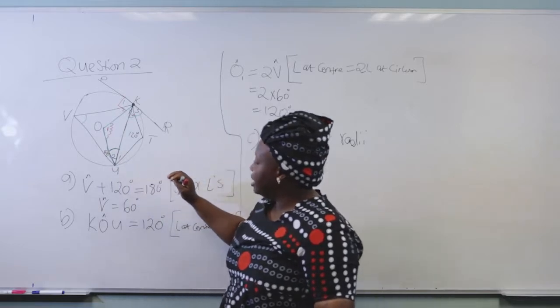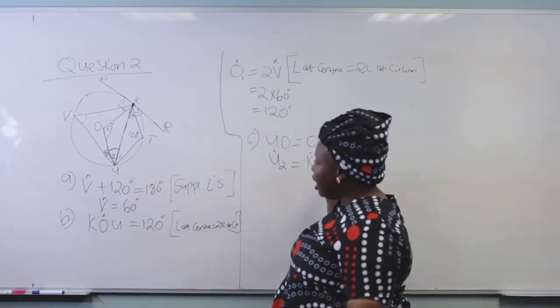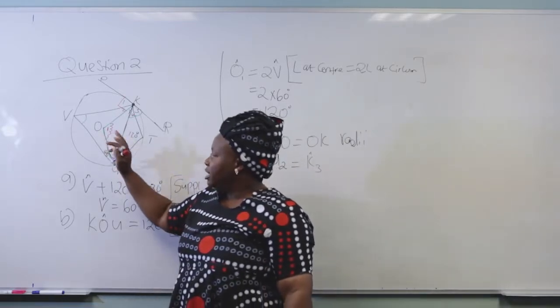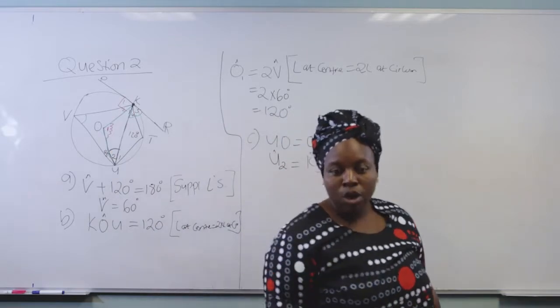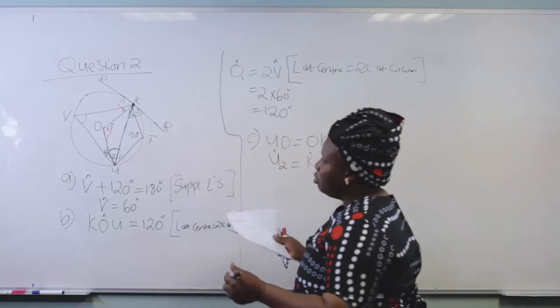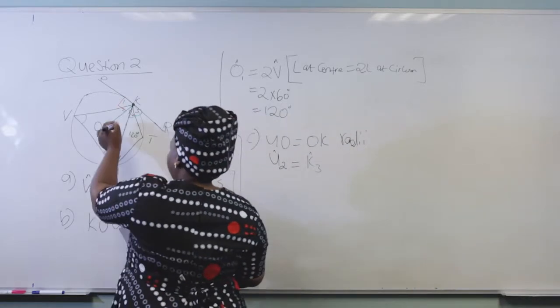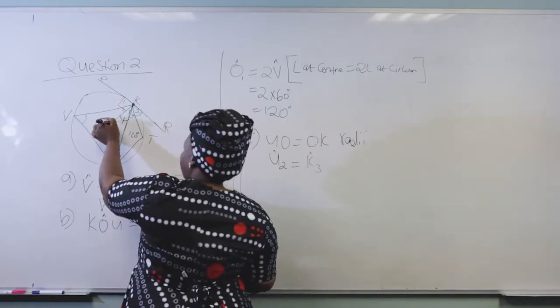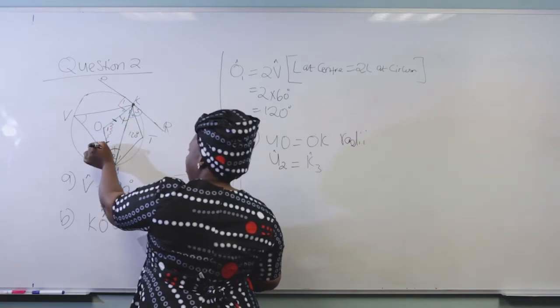So in reasoning, you will say these angles are equal because opposite sides equal opposite angles. And that's how we reason it. So that one will be equal to this other one, just because this line is equal to this line.